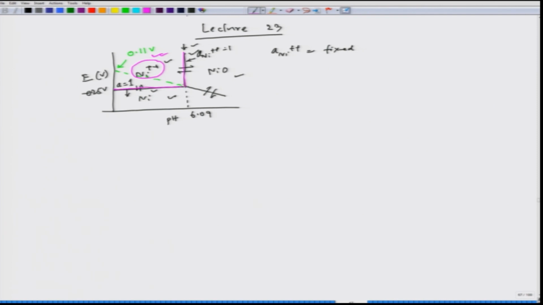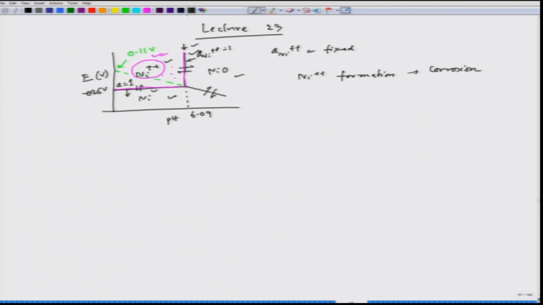Ni plus plus formation is nothing but corrosion. That means if we get ions of that particular metal, then it is actually dissolving in the water based solution, because it contains H2O, and that means corrosion.